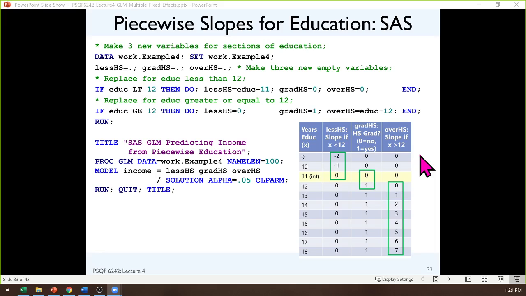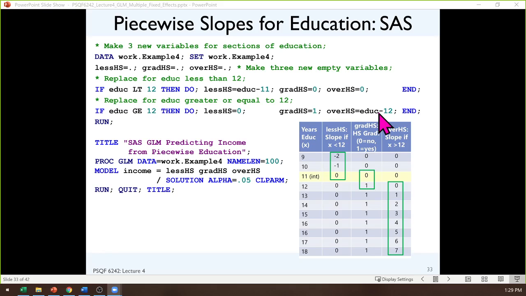So among people with at least a high school diploma, how many more years than high school do you have? That's what I'm trying to get to with the over high school. And to do that, it's education minus 12. Go ahead, sorry. No, so then whatever the residue or whatever is left over, that's what that means. Like how many years of college you have on top of high school. Yeah, that's what it means.